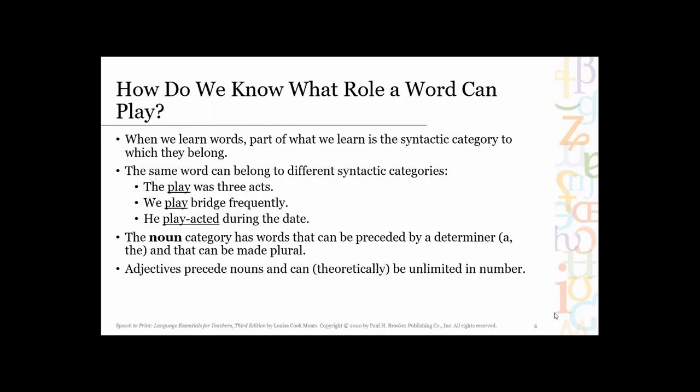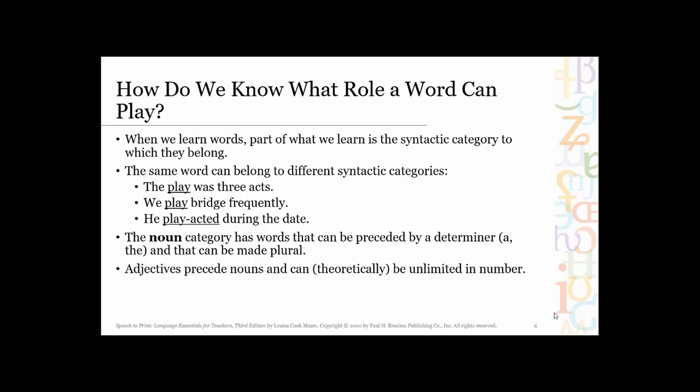When we learn words, part of what we learn is the syntactic category to which they belong. However, the same word can belong to different syntactic categories. For example, think about the word play. The play was 3 acts. We play bridge frequently.